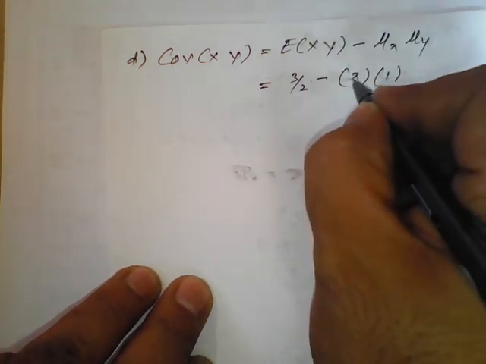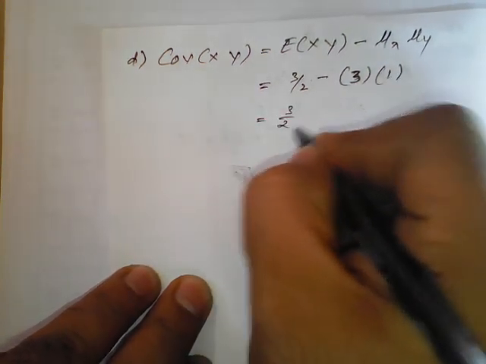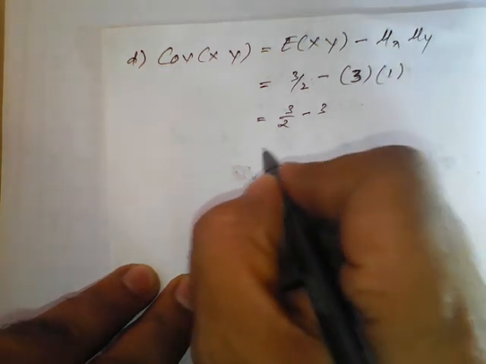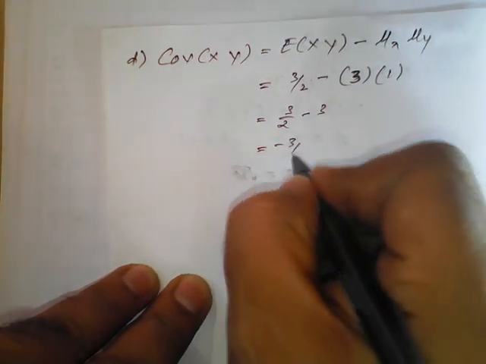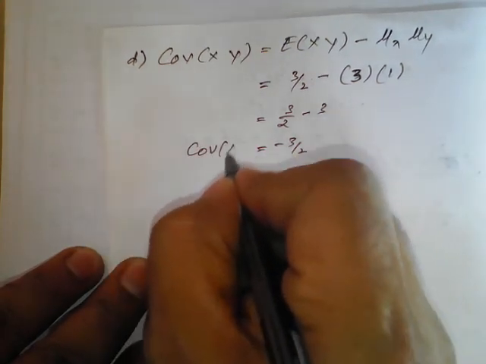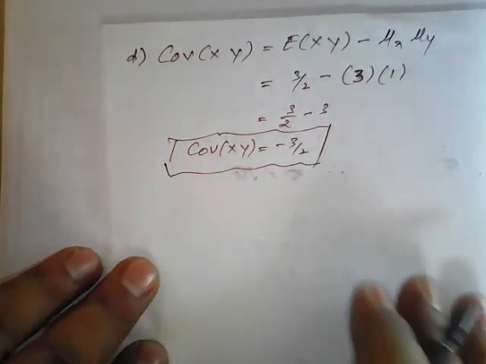So 3 by 2 minus 3 gives minus 3 by 2. So covariance of xy is minus 3 by 2.